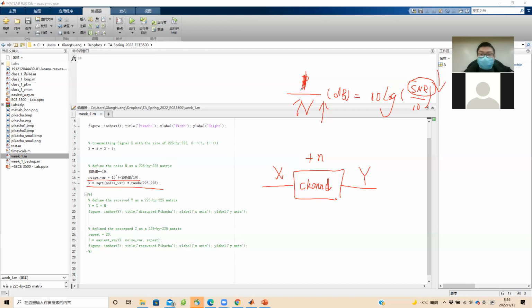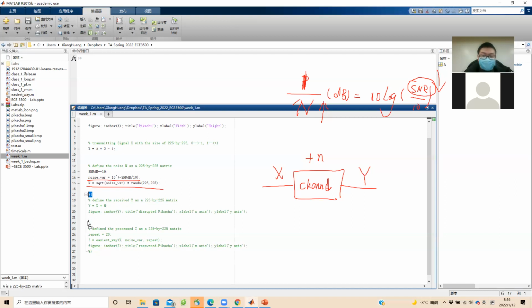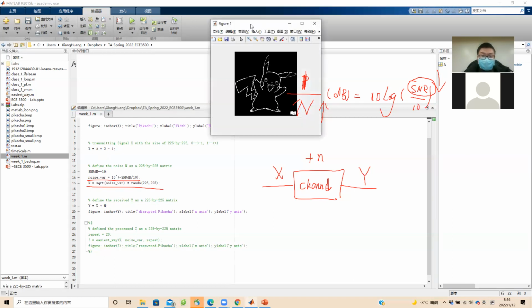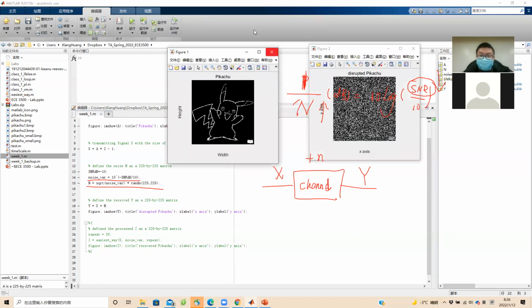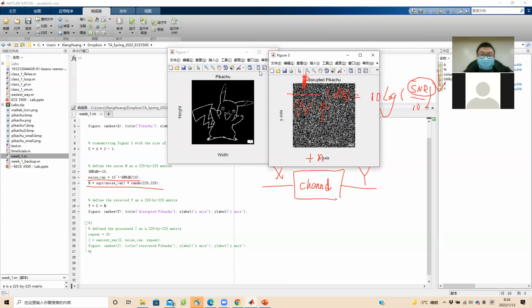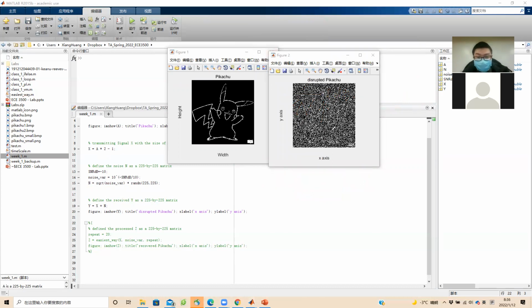So what we need to do now is add this noise into the transmitted signals X. At the receiver, we will receive a very disrupted Pikachu like this. You can't see anything from this picture, right? Because it is strongly disrupted by the noise.